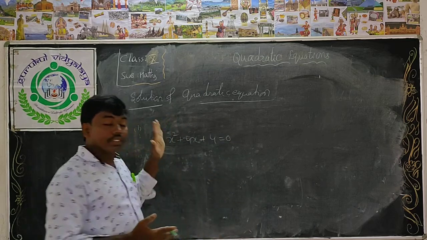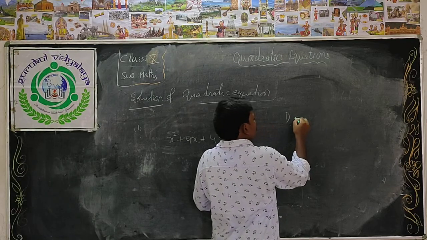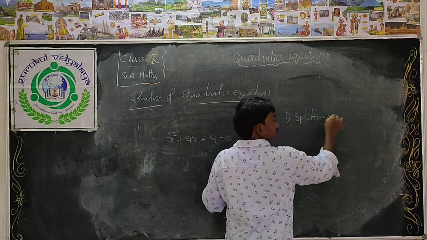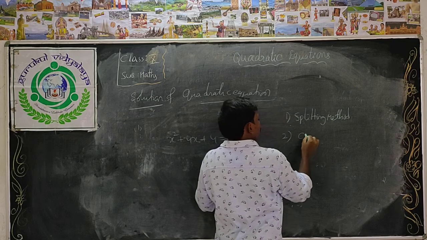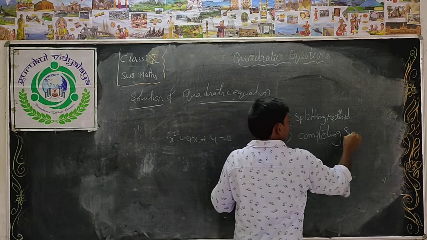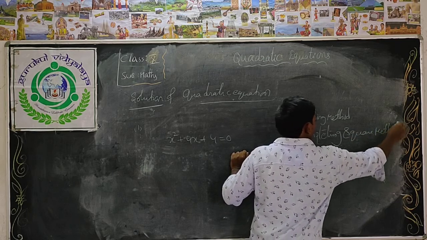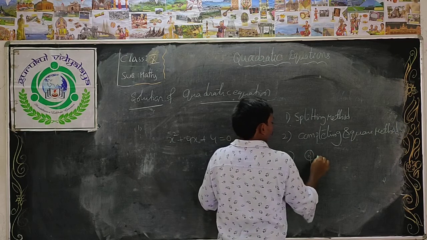We have three methods in this chapter. The first is the splitting method, the second is the completing square method, and the third is the quadratic formula.